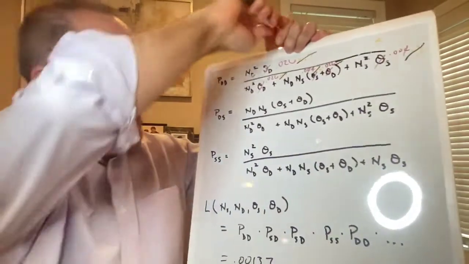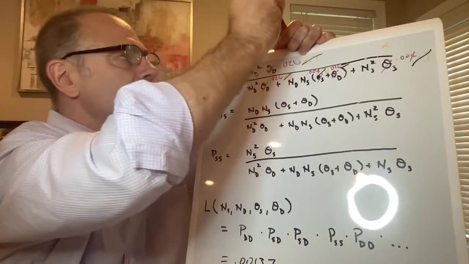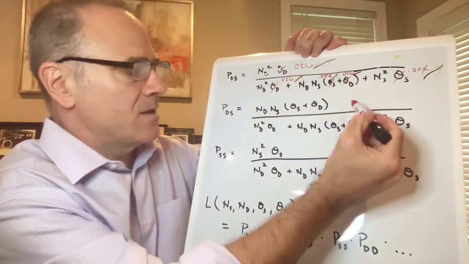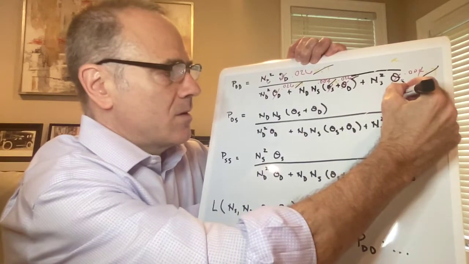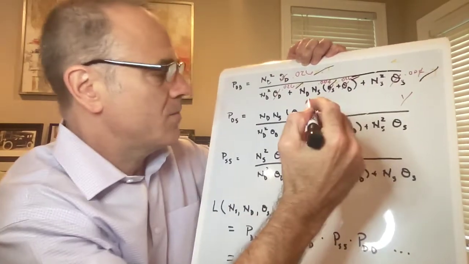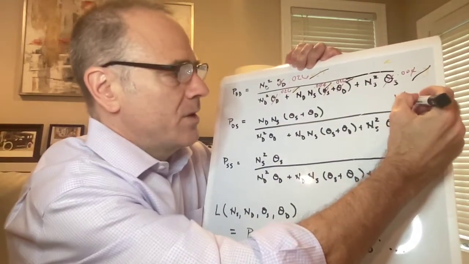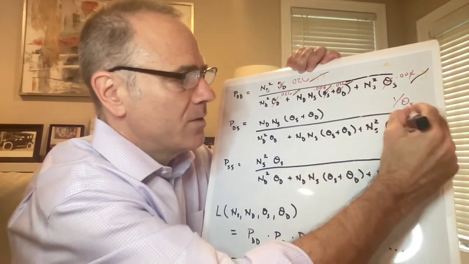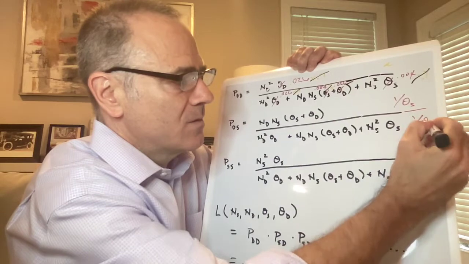They're going to multiply numerator and denominator by 1 over theta S.